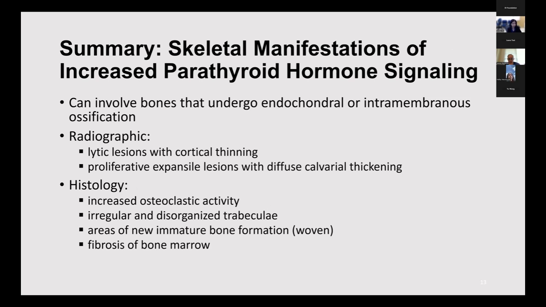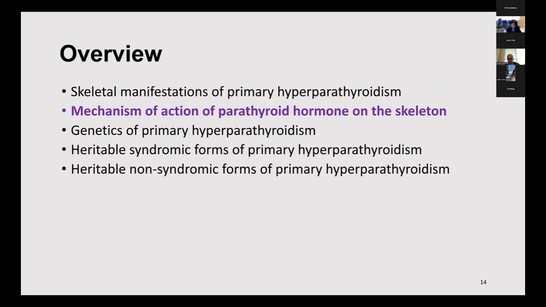On histology, the common theme that emerges is increased osteoclastic activity with irregular and disorganized trabeculae, and areas of new immature bone formation with fibrosis of the bone marrow. I forgot to mention earlier that fibrosis of the bone marrow is also seen in patients with severe hyperparathyroidism, which is not really commonly seen today.